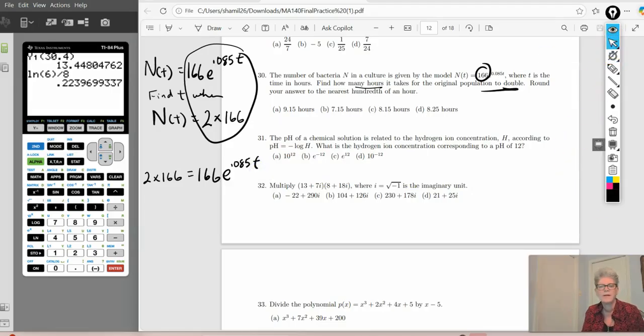I'm going to leave it like that because you're going to see why. So straight away, we have that the 166's cancel, and so I'm left with that. Now I'm going to do the same thing to both sides. The base here is e, so I'm going to take natural logarithms of both sides.